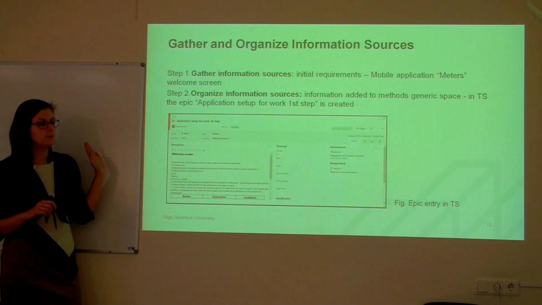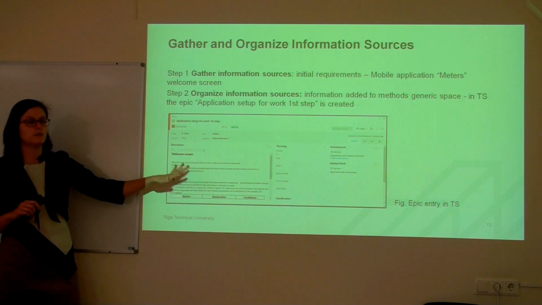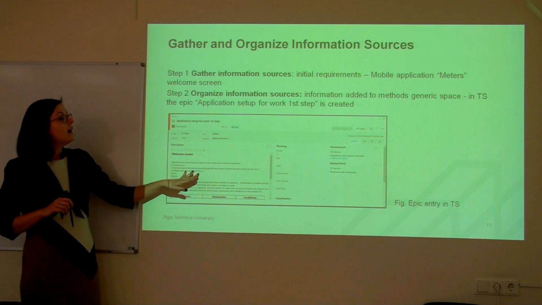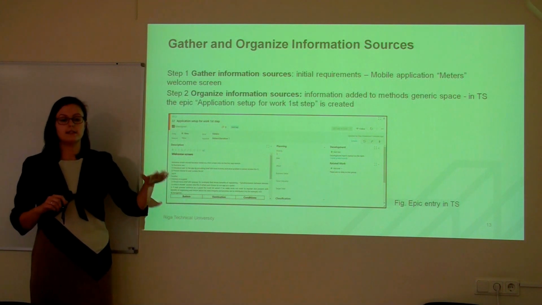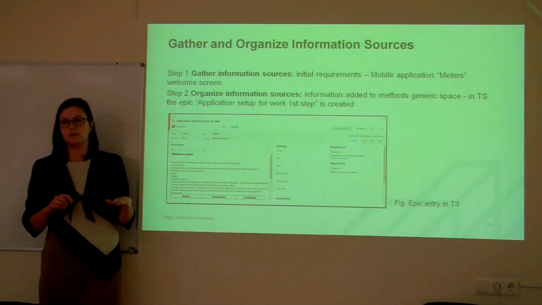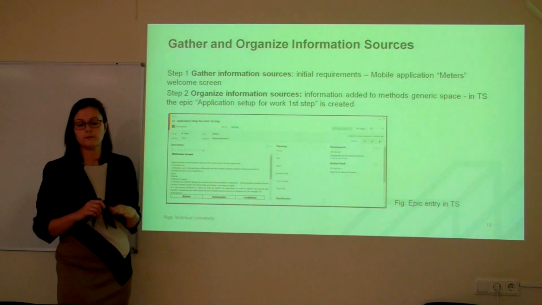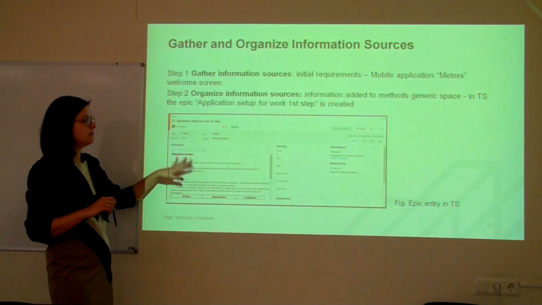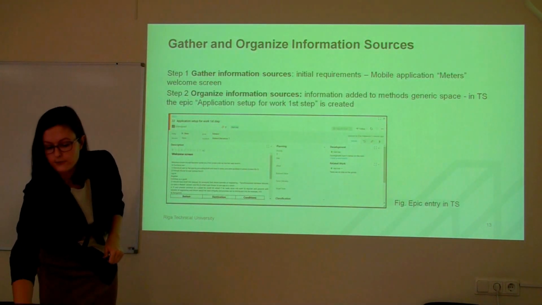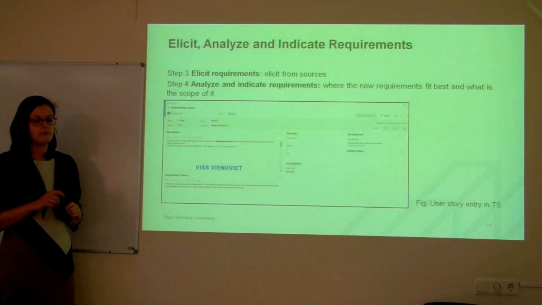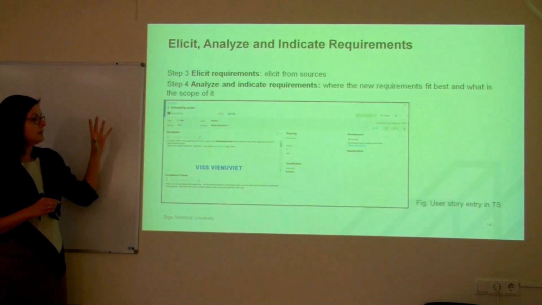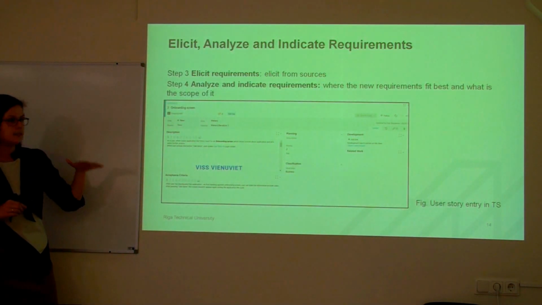So I put all information here with all requirements there. And the next level will be user stories, and then tasks, and then test cases, and so on. But this is the start. Step 2, I create the epic entry. I listed the requirements. I put that into the system.